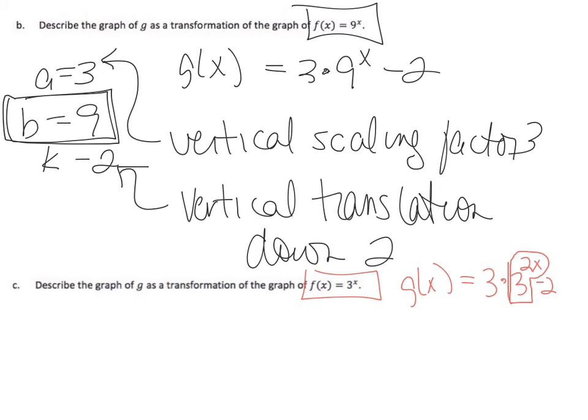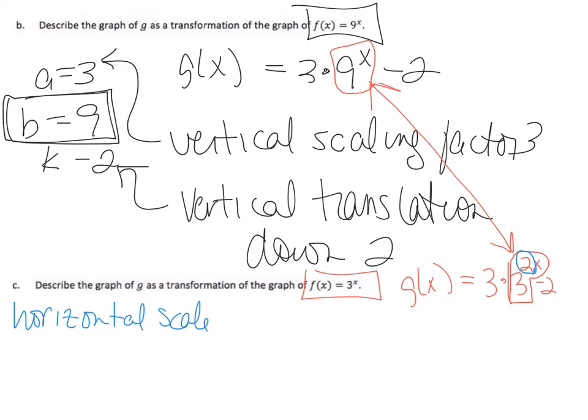Comparing this with that, I just need to know what my factor is right there. So we're going to do a horizontal scaling by a factor of 1/2. Remember, horizontal is always 1 over the constant. And then our vertical scaling of 3, which we already had.